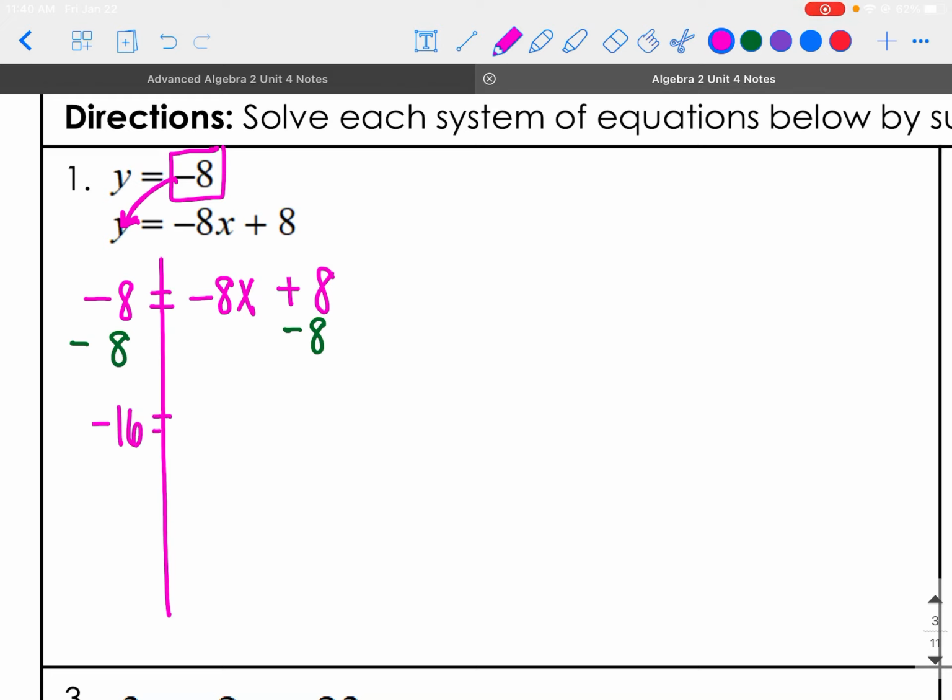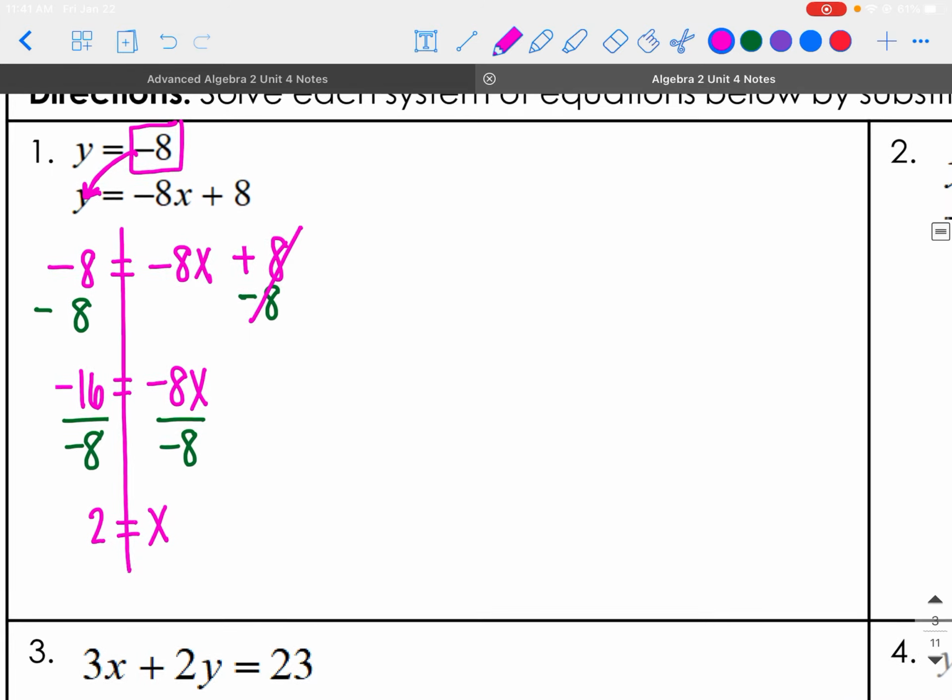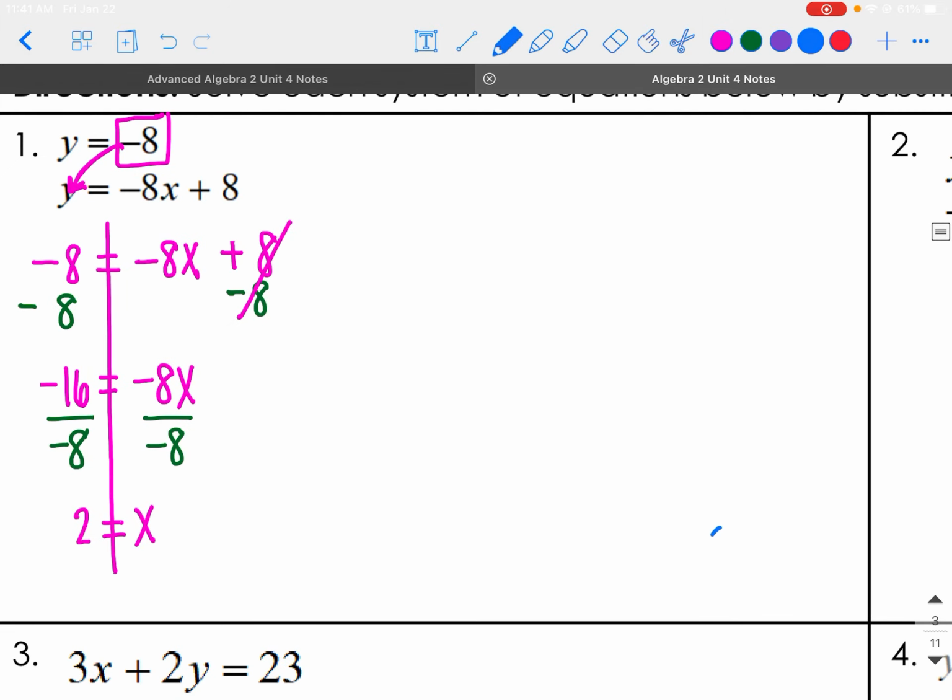That gives me -16 equals -8x, because those cancel. And then divide both sides by -8. And I get 2 equals x. Now I have half of my solution.